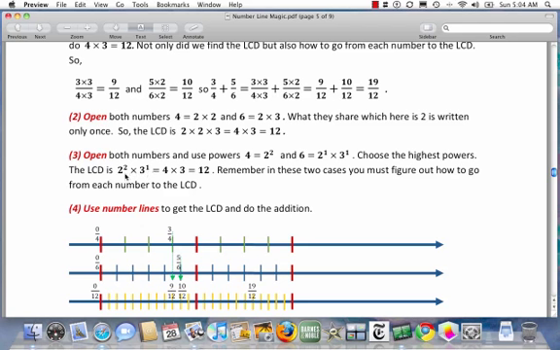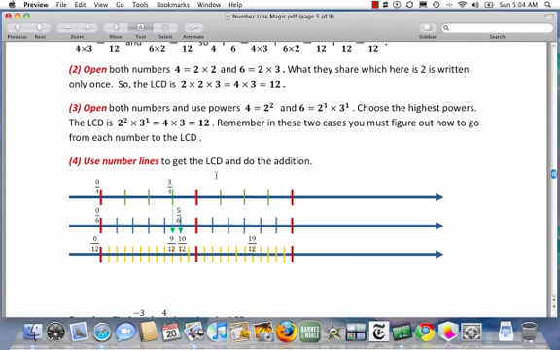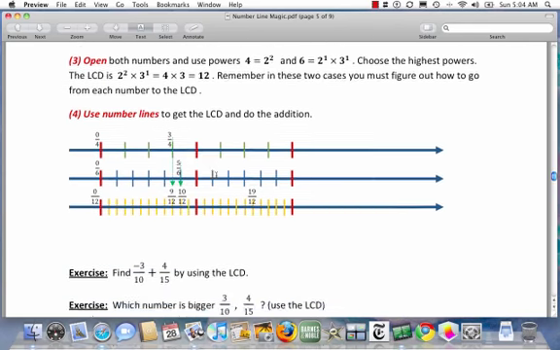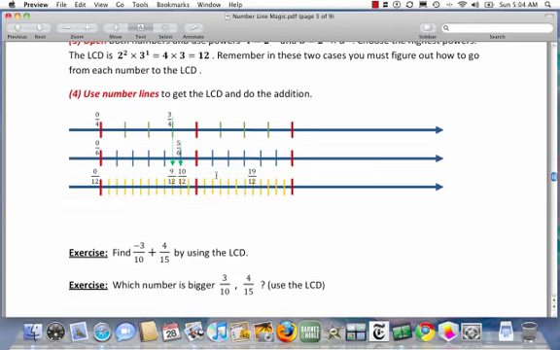So here we'll choose the factor power 2 because there's a 2 here and a 1 here. The bigger one is the 2. And on 3 we use 1, and so the answer is 12. And that's the way we find the LCD, and that's the way we add fractions in general.